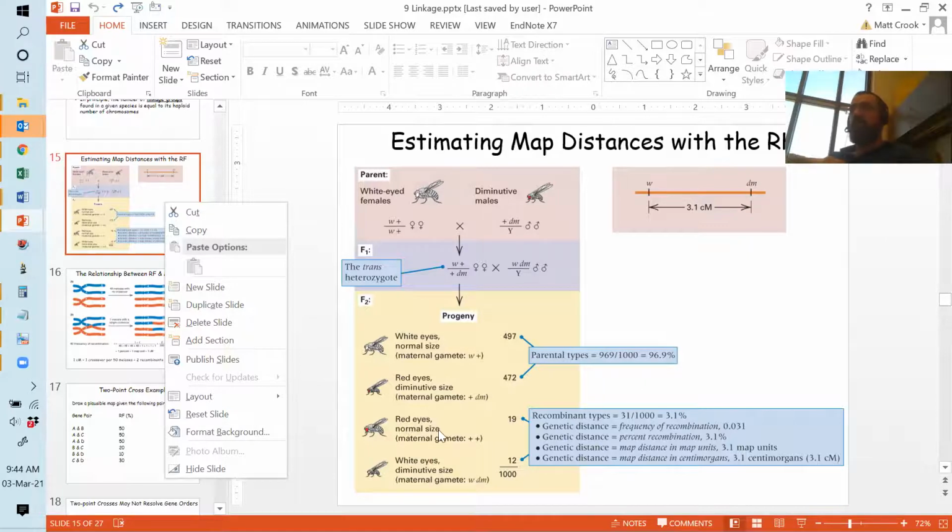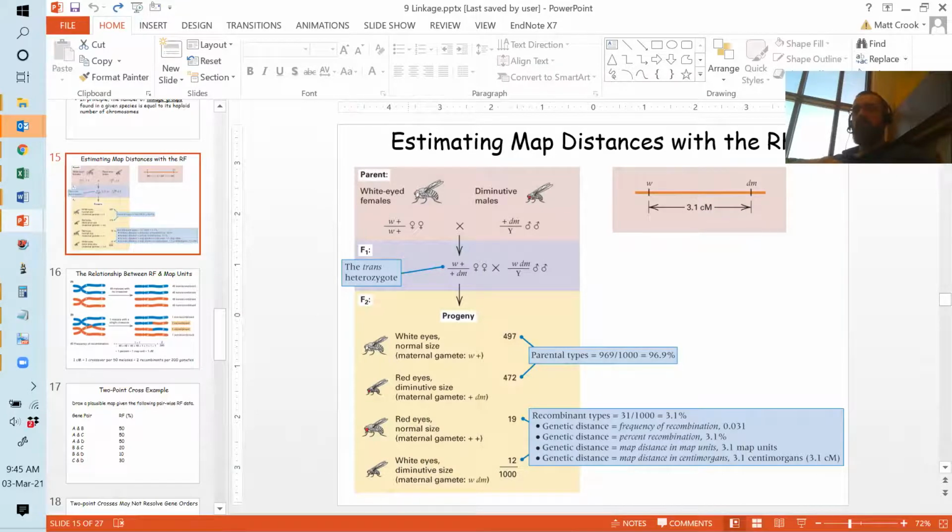If you're not given that information, you look at which of these are the recombinants, top two or bottom two? Which flies are the result of recombination? Top two, bottom two out of these four? Bottom two, right, exactly.